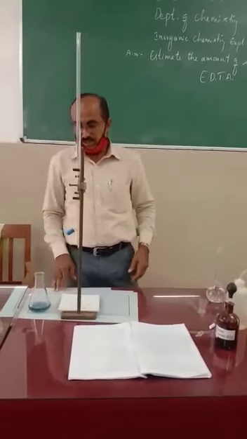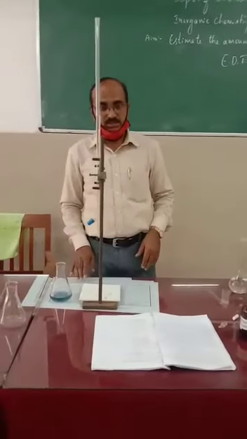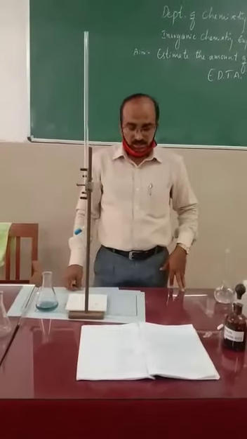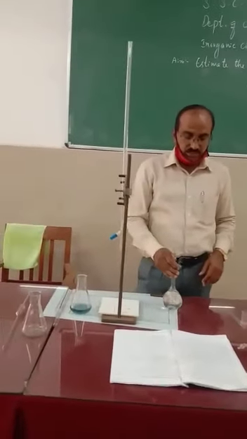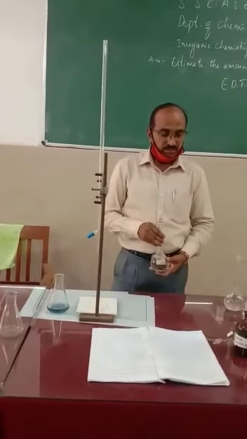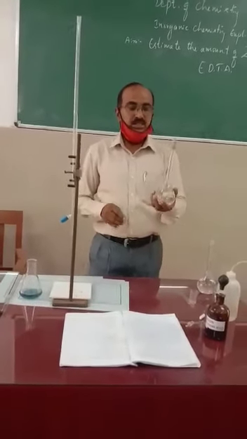The unknown solution is also given in a 250 cm cube volumetric flask. That solution is made up with distilled water up to the mark, and so this is the unknown solution.